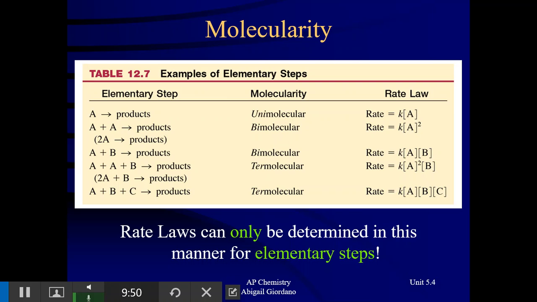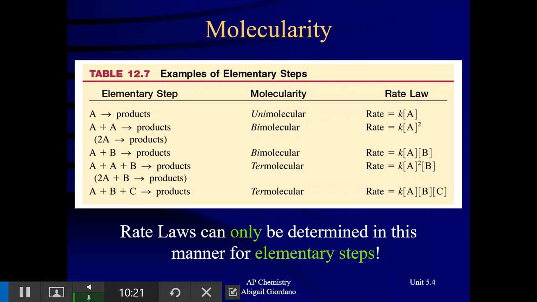And there's 3 types: unimolecular, bimolecular, termolecular. If you think about what the prefix uni means, that means one. If you look at the elementary step on the very first line, we have one reactant only and 1 mole of it, meaning it has a coefficient of 1. That is what I would call a unimolecular elementary step.